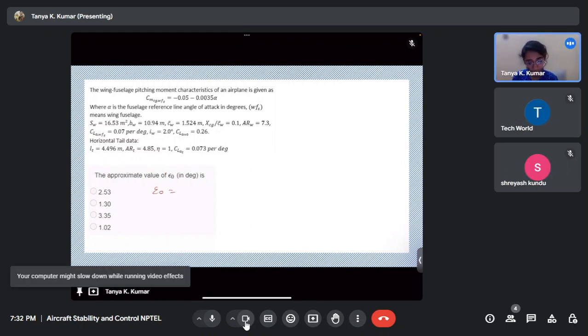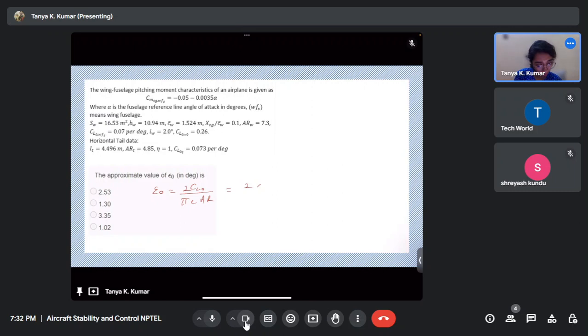Epsilon naught is, what was the formula? 2 Cl naught by pi E AR. So 2 into Cl naught was, why was Cl naught? 0.26 by pi. E is not given to you, 1.